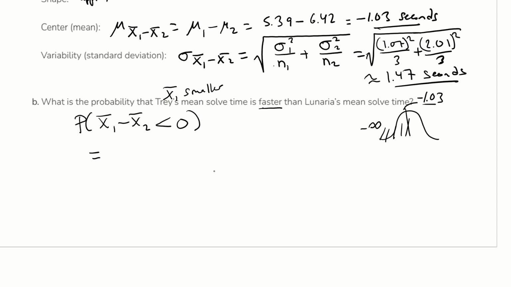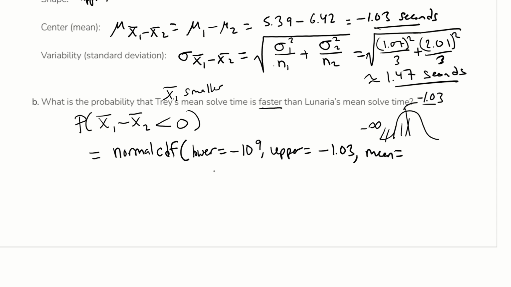All right, so we use normal CDF. To get full credit on the AP exam, be sure to label your work if you're using calculator speak. The lower is negative 10 to the 9th. Upper is negative 1.03.